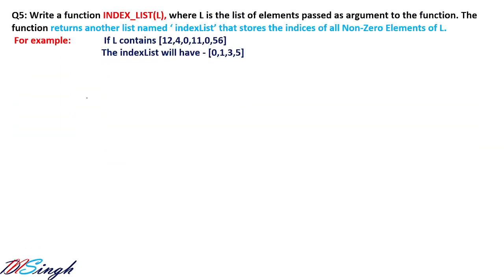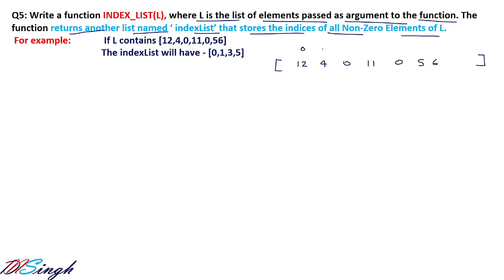Next is, write a function index list where L is the list of elements passed as an argument to the function, and the function returns another list named index list that stores indices of all non-zero elements of L. So what indexes will be stored in this? Let us write this particular list here, that is 12, 4, 0, 11, 0, 56.